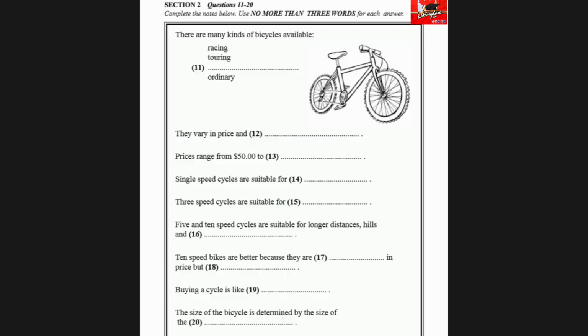Now turn to section 2. Section 2. You are going to hear a radio talk about buying a bicycle. First, you have some time to look at questions 11 to 20.